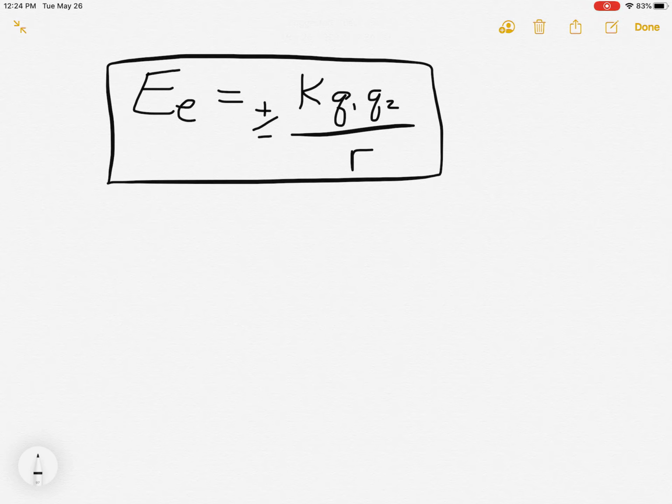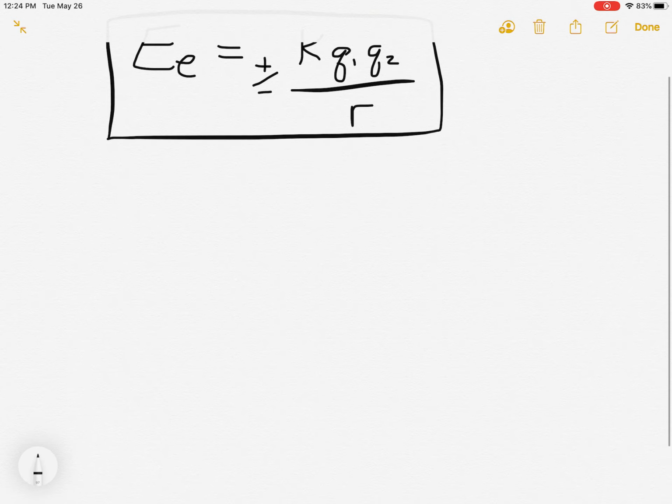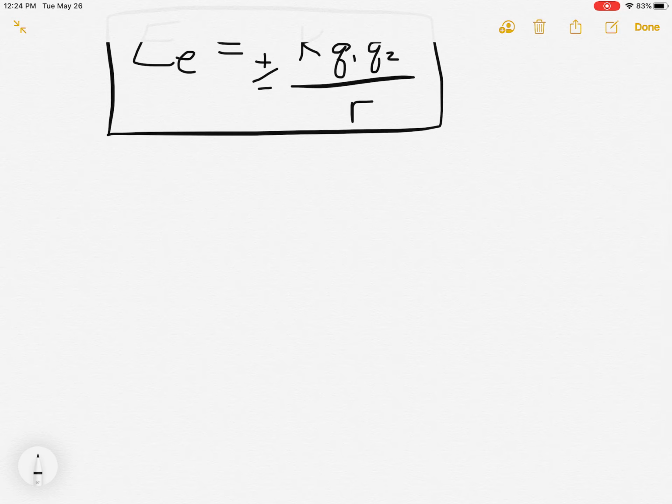Now, we have another way of expressing this. We can express this using what's called the gravitational field constant, right? And so before, we took the electrical field constant, E, and we found that it was equal to K, and then Qm, the charge that's making the field, over R squared.